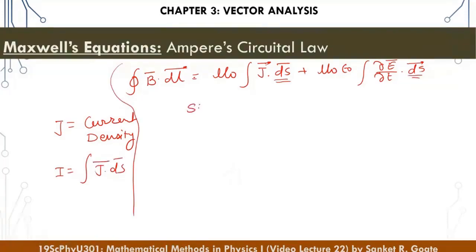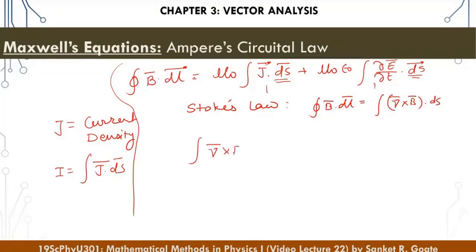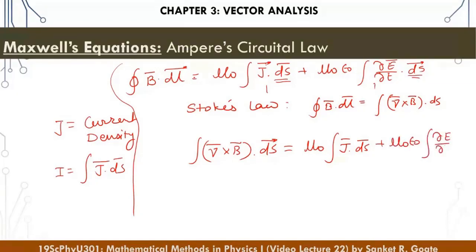I can use Stokes' law and write this integration of magnetic field over the closed loop as integration of del cross B over ds, integrated over the surface, which is equal to mu 0 J ds plus mu 0 epsilon 0 integration of dou E by dou t ds.